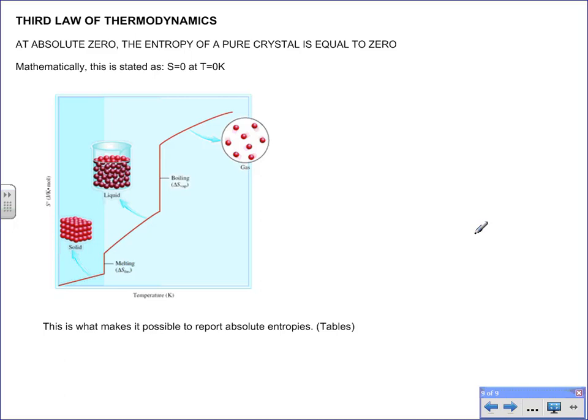So when you've got a pure crystal, it's so cold that the particles are held in a certain position and their motion is virtually zero. And what this means is that there is only one way for the molecules to organize themselves at that particular temperature. When there's only one way to organize, that's the point at which we have an entropy of zero.